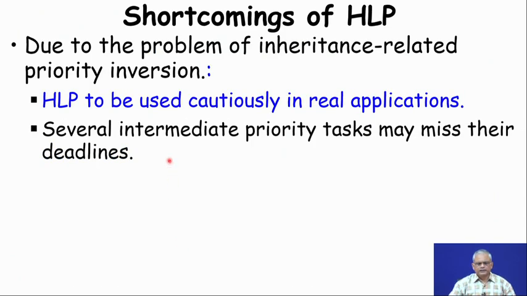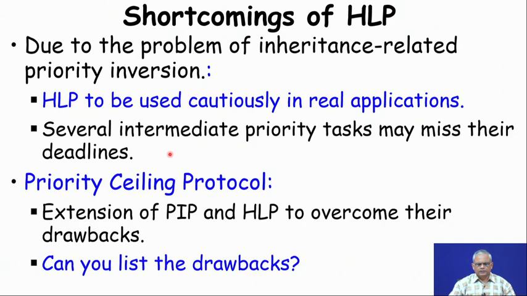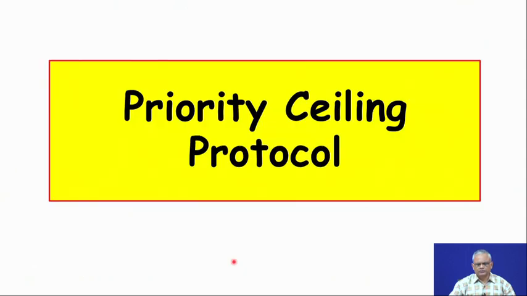The inheritance related priority inversion, as we have already mentioned, is a severe problem. Tasks not needing the resource, the intermediate priority tasks, undergo inversion, and the priority ceiling protocol overcomes this drawback to a large extent. By this time, I hope we have understood the drawbacks of the basic priority inheritance scheme and also the highest locker protocol.